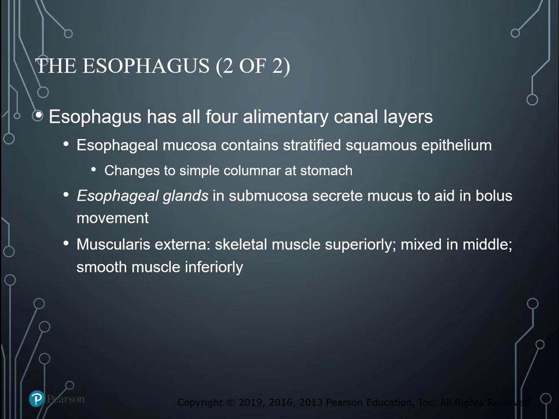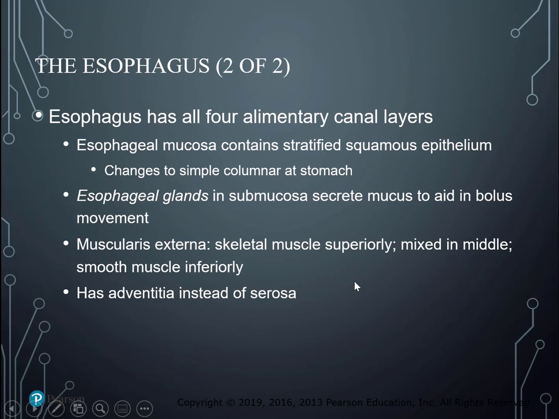And then the muscularis externa is actually like a skeletal muscle on the upper area of the esophagus, and then it's a little bit mixed in the middle, and then it's totally smooth muscle inferiorly.